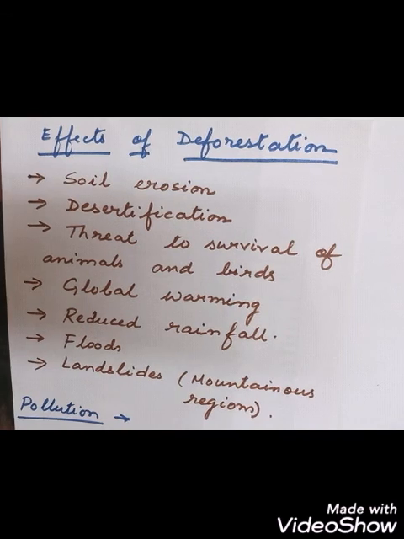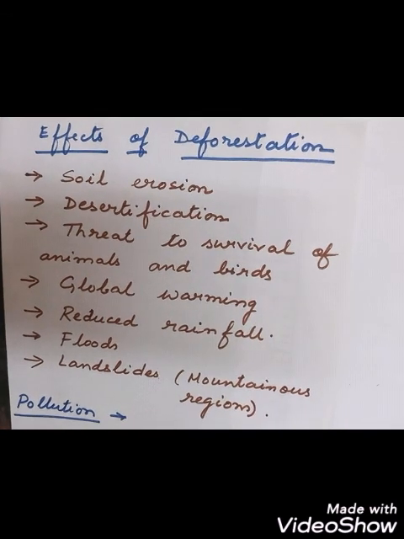The effects of deforestation. As you all know, deforestation is the cutting of trees in a large amount, which is destruction of forest or degradation of forest. So what are the effects that we are going to face due to deforestation? Number one is soil erosion.